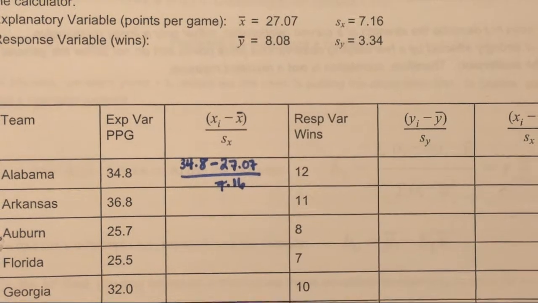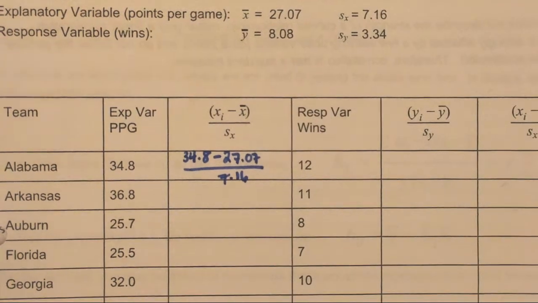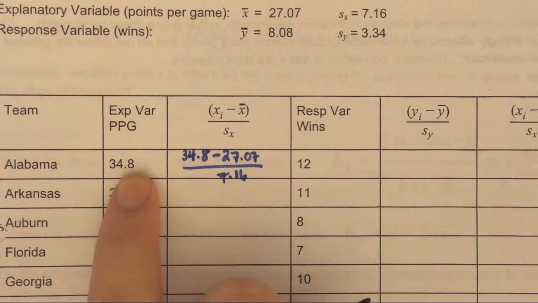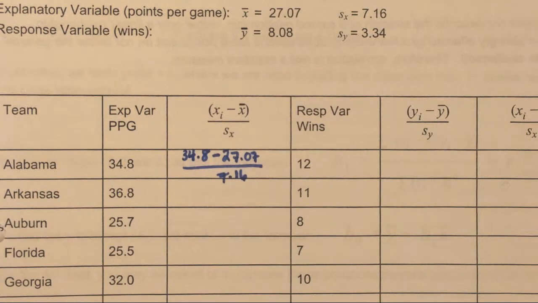And when we actually calculate that, 34.8 minus 27.07 divided by 7.16. Is x the initial one given? Yes, yes. It reminds me a lot of a z-score. I got 1.0796.